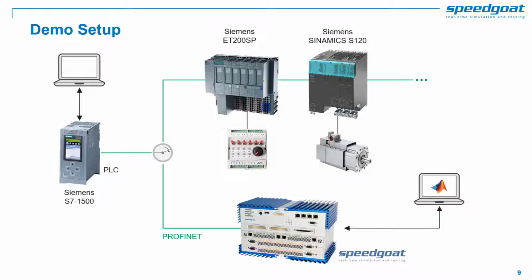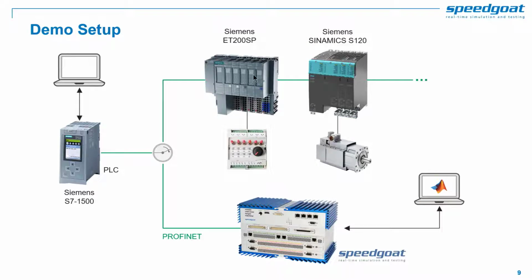Today's demo setup looks like this. I'll switch to my camera right away, showing the live setup, but let me give a brief overview of the setup first. We will see a Siemens PLC communicating via PROFINET. On the one side with a motor controller for motion control and with an I/O coupler.